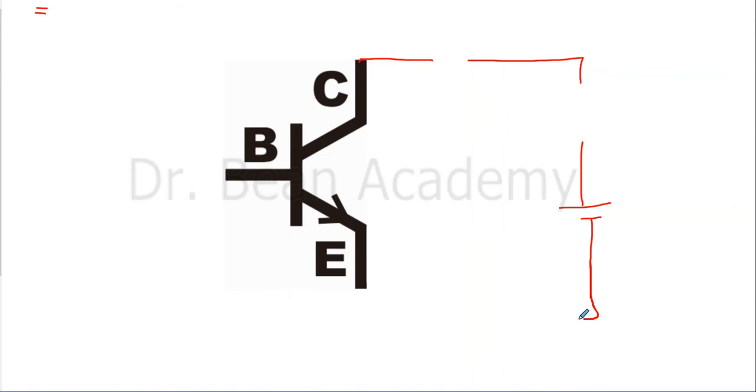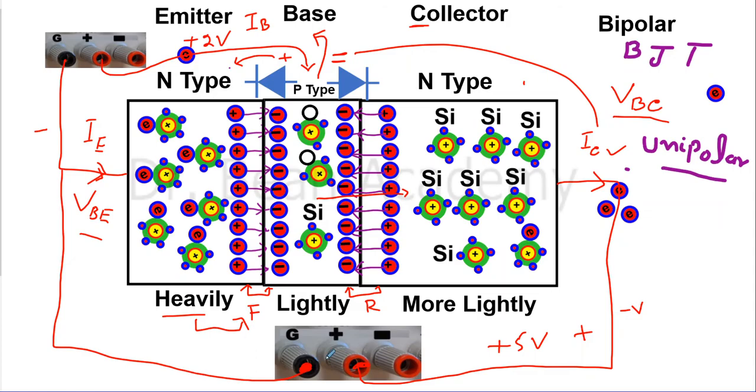But you know that positive and negative are just relative to each other. Then in the common emitter mode, we know that the emitter is always at ground level. Let me show you the real figure: this is the emitter, the left N type, and it is connected to the ground here and also ground here.